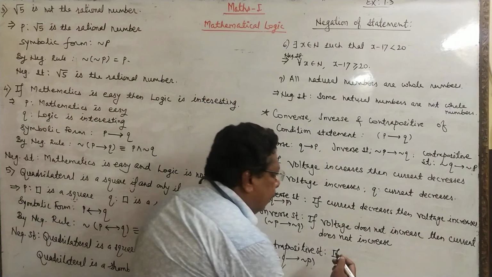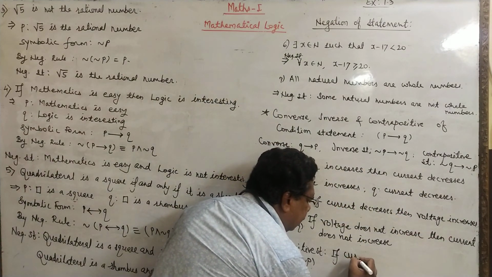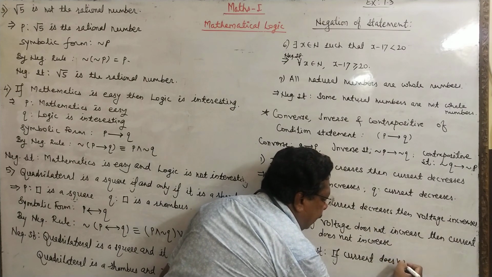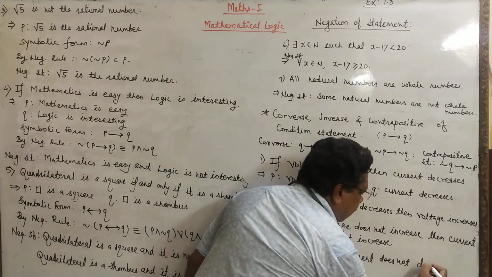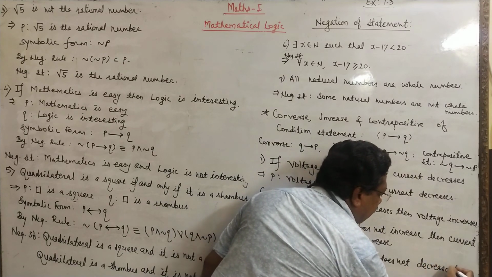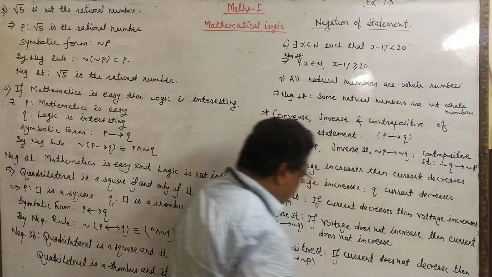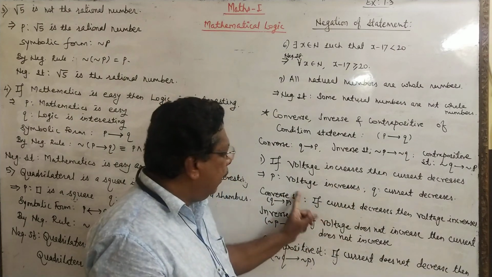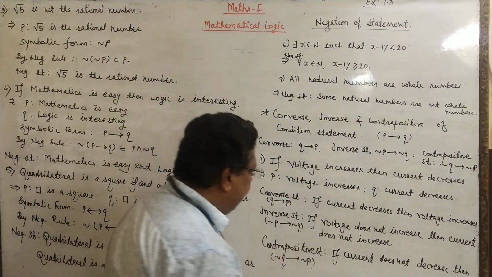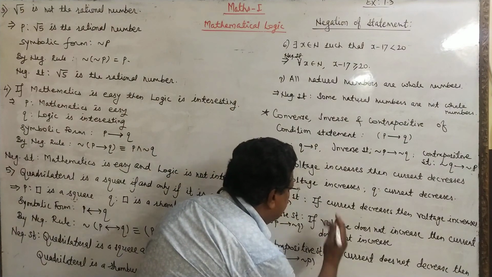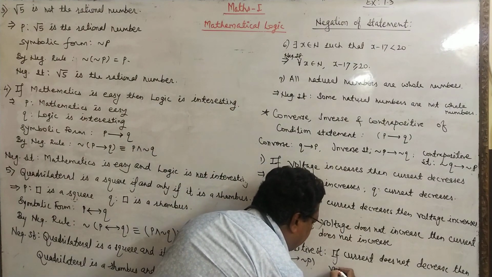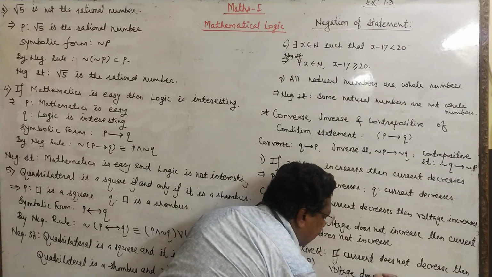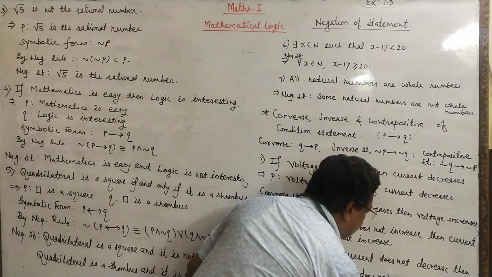Negation Q: current does not decrease. If current does not decrease, then here is negation P. What is P? Voltage increases. Negation P: voltage does not increase. Then voltage does not increase.